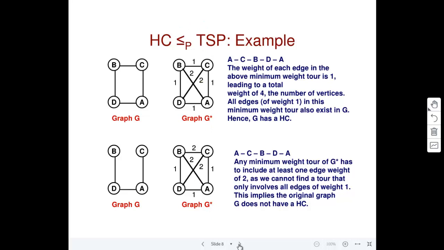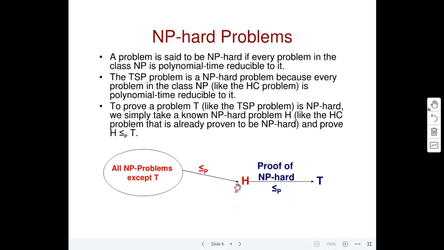Now why is that? Just apply the definition of NP hard. If the Hamiltonian circuit problem is already proved to be NP hard, that means all problems in the class NP, except this say T, because T is a new research problem we're looking at, so every problem in the class NP basically is polynomial time reducible to the Hamiltonian circuit problem, because that's the definition of NP hard. So if I say the problem H is NP hard, it means all problems in the class NP are polynomial time reducible to it.